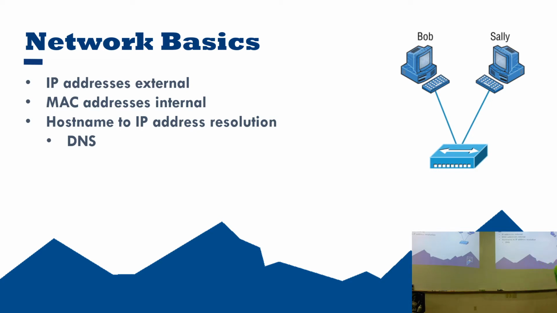Think of a letter. Have you ever sent a letter to someone? What would the address be? The physical address, for example, 123 Sesame Street. Is that a MAC address or an IP address? That's going to be like an IP address. And the MAC address is like the individual.